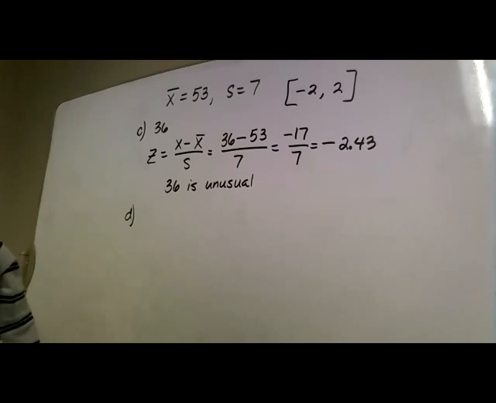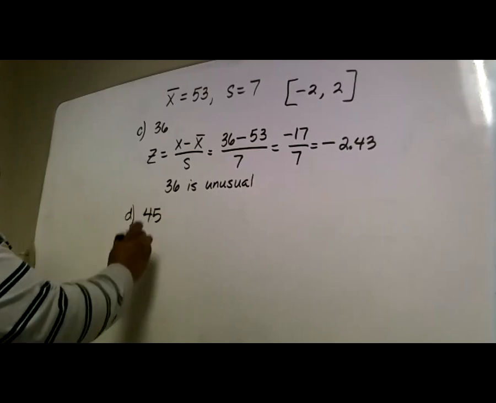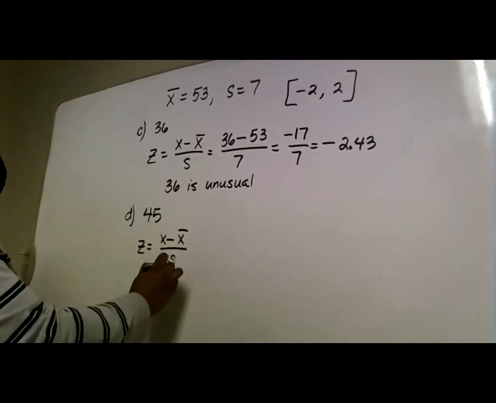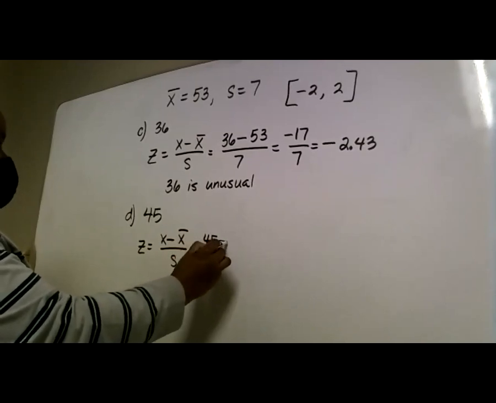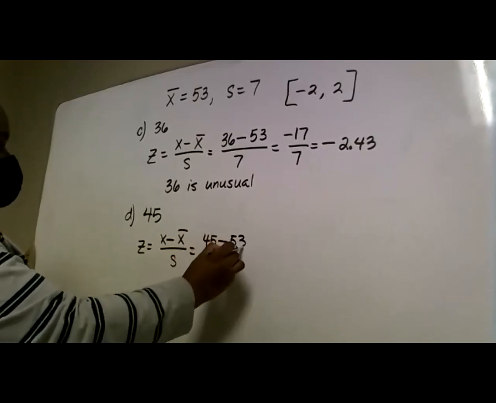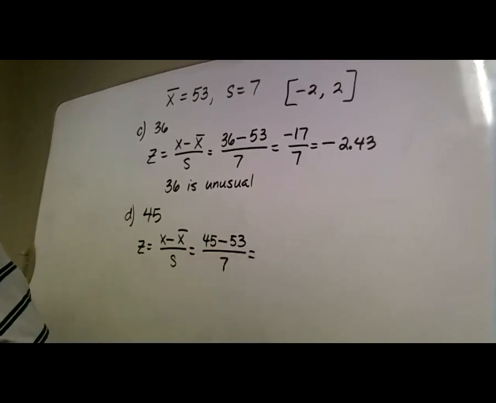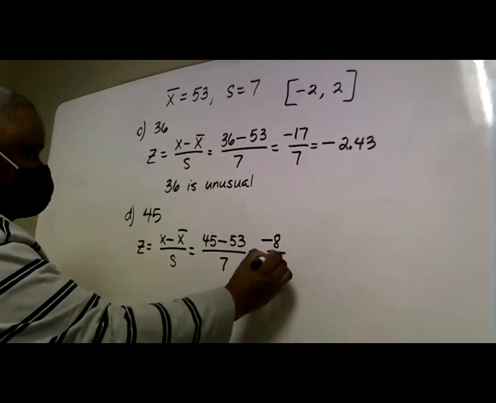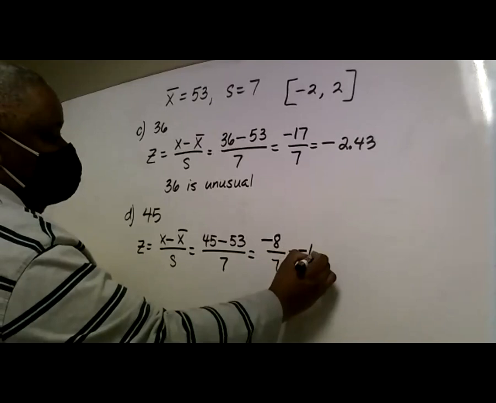Okay, is 45 usual or unusual? Here's 45, and we're going to use that Z formula. Your x is 45 minus the mean, 53, divided by the standard deviation of 7. 45 minus 53 is negative 8, divided by 7, negative 1.14.